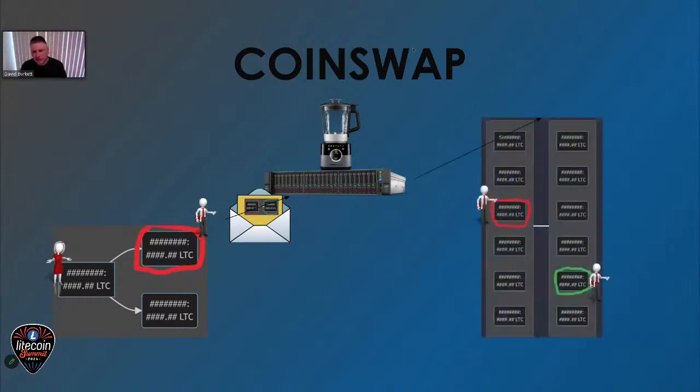So this is the big transaction they create. Alice knows that she sent this red output, this red coin, and she'll see this new transaction to see that the red coin is spent. But she'll also see that a lot of other coins are included in there too. And she'll probably know it's a coin swap transaction, but she won't know which coin Bob gets back in exchange.